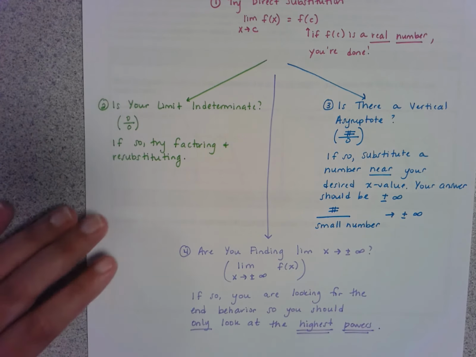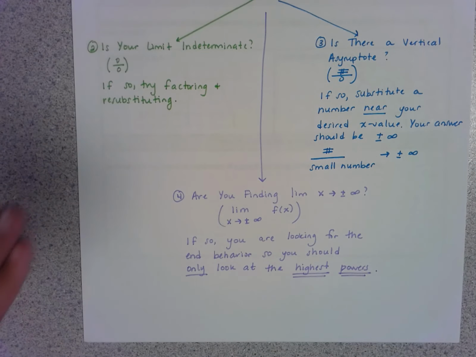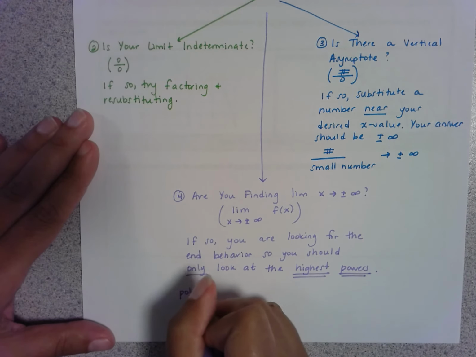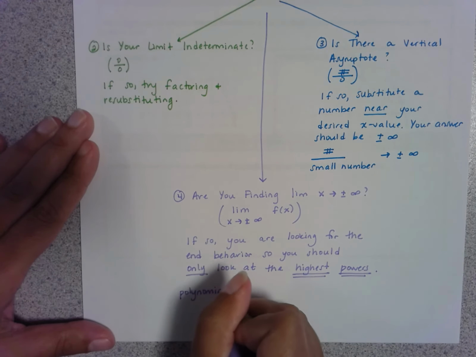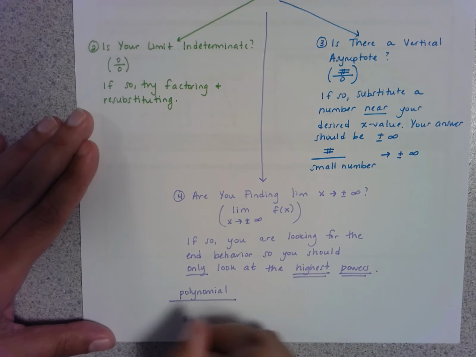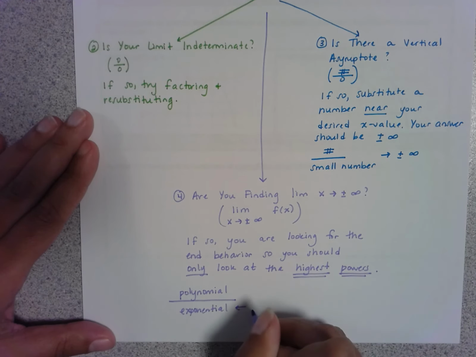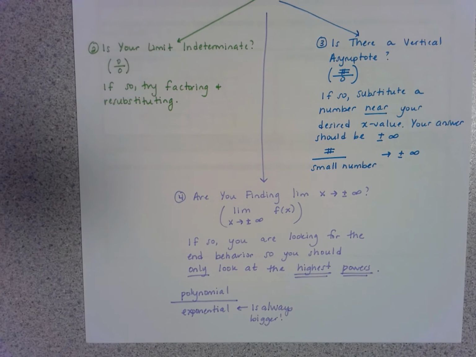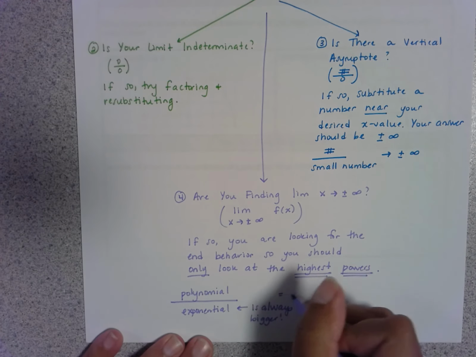Now, the tricky thing here is that we need to know about the relationship between polynomials and exponential functions. If you have a polynomial divided by an exponential function, then the exponential function is always bigger than the polynomial, so your limit will be 0.